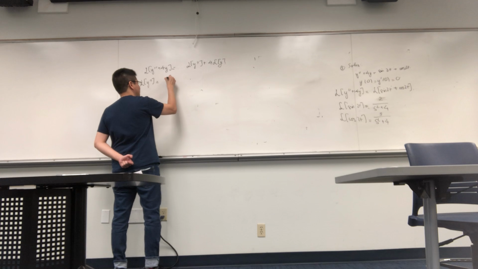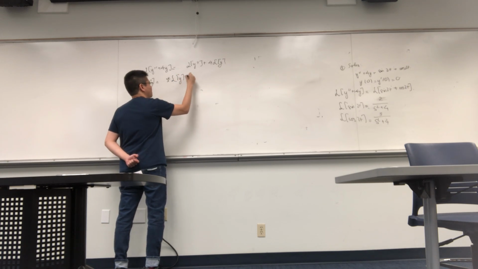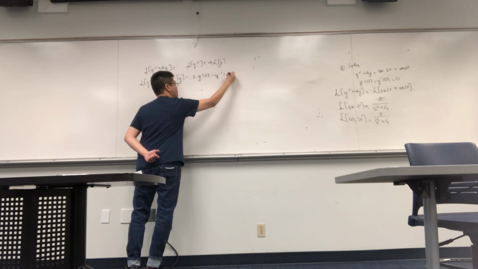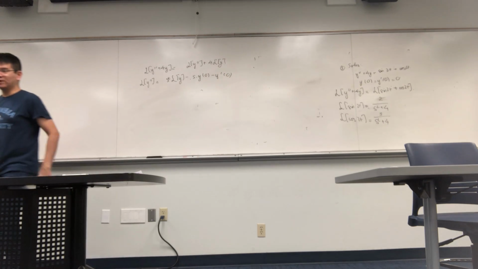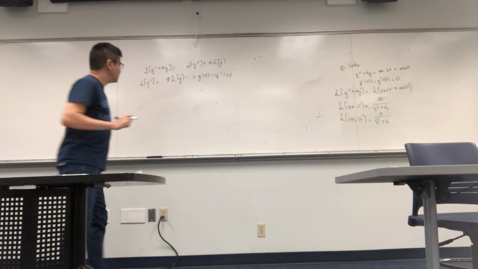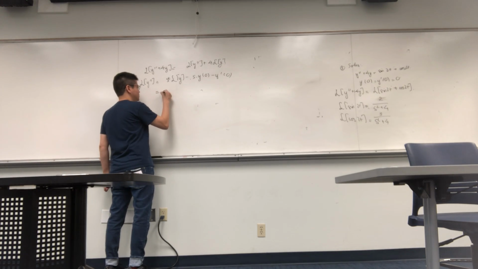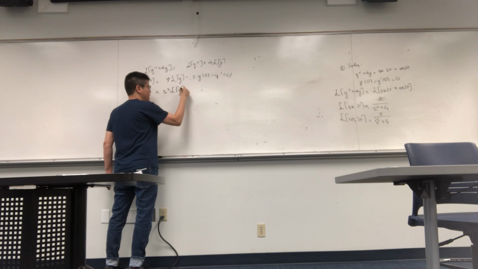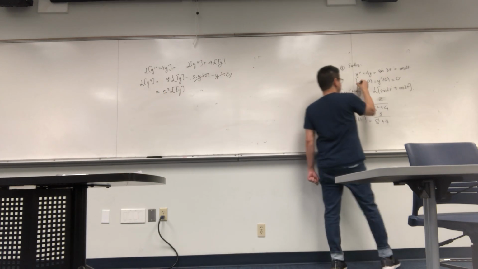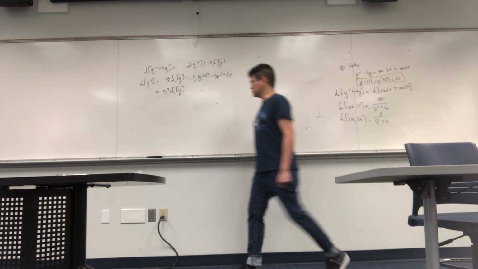So this is going to be s squared times the Laplace transform of y minus s times y of 0 minus y prime of 0. Right? So what do we get? Just s squared times the Laplace transform of y, because the other terms are 0. You use the initial conditions, and they're both 0.